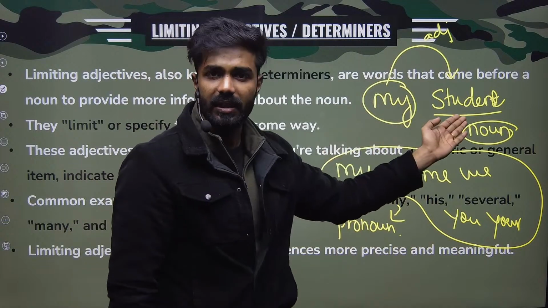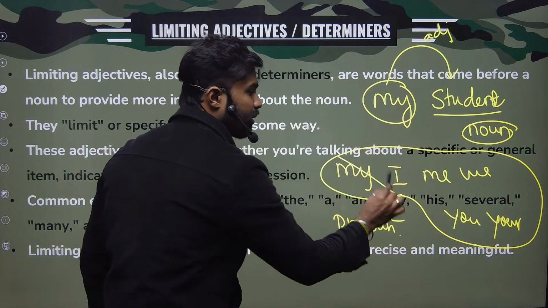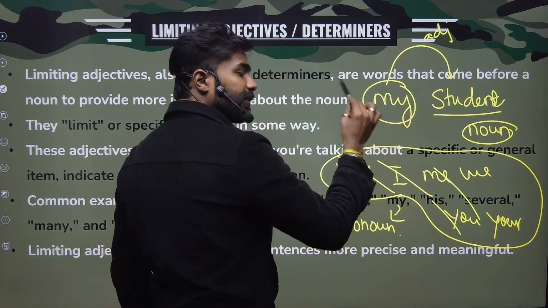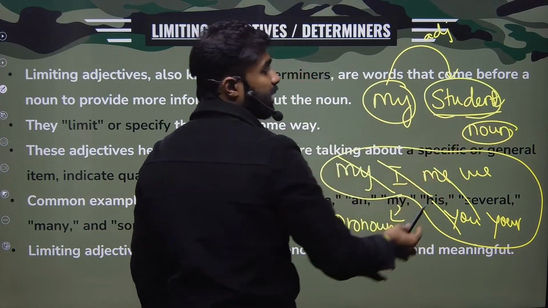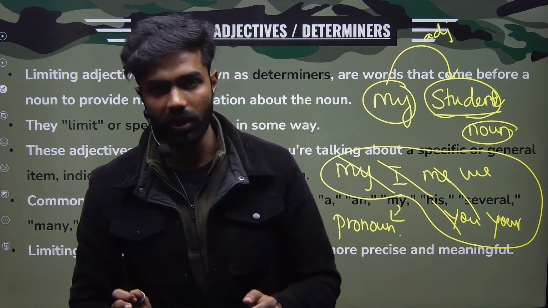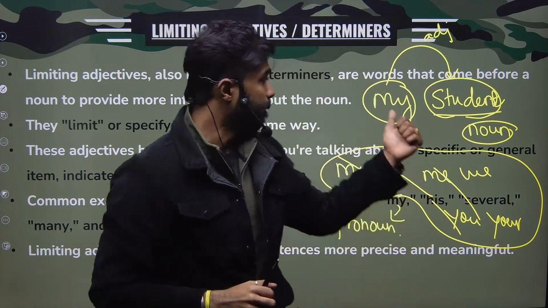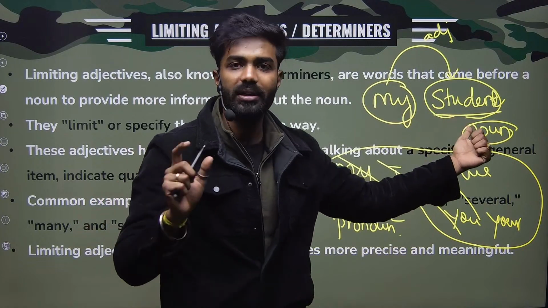So if there is a statement, my student, don't say my is a pronoun. No. Because even though it is a pronoun, it is modifying the noun. And anything which is modifying a noun, I call an adjective. If you don't understand, I'll repeat it. My, normally it is a pronoun, and student is a noun.